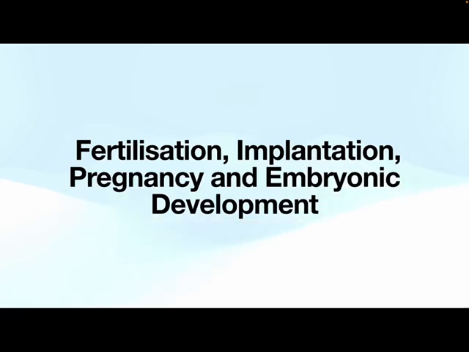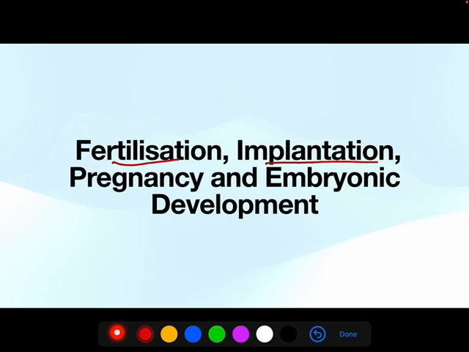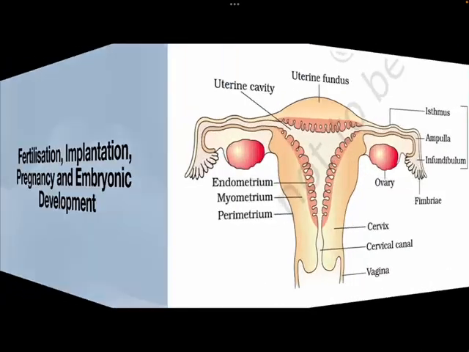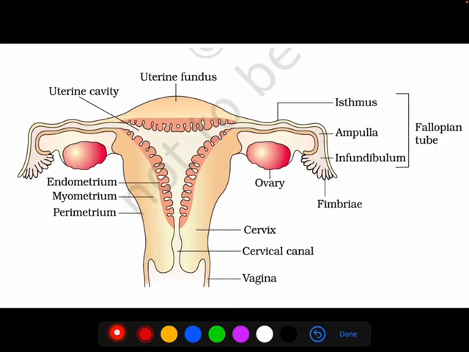NEET aspirants. Today we're going to study fertilization, implantation, pregnancy, and embryonic development. So we all know that during copulation, the semen is deposited in the vagina, and the motile sperms then move from the cervical canal into the cervix, and through the cervix into the uterus.